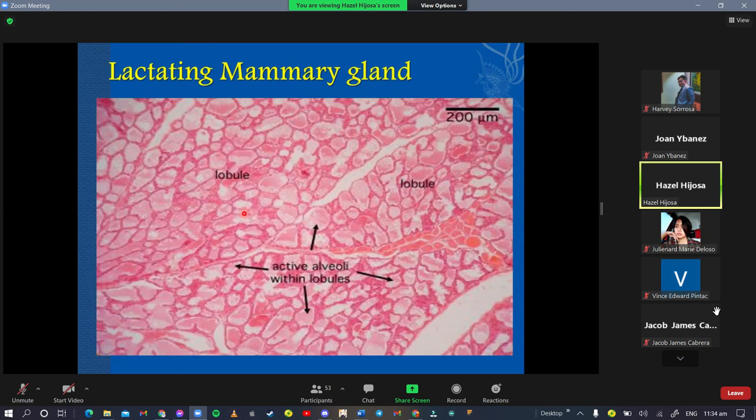They are lined by a single layer of cuboidal epithelium, which are distended, partially filled or fully filled with milk. The alveoli and the lobules will expand at the expense of the connective tissue. That's why in a lactating mammary gland, there is a reduction in the amount of connective tissue.